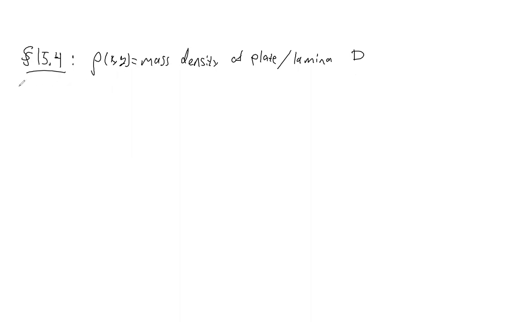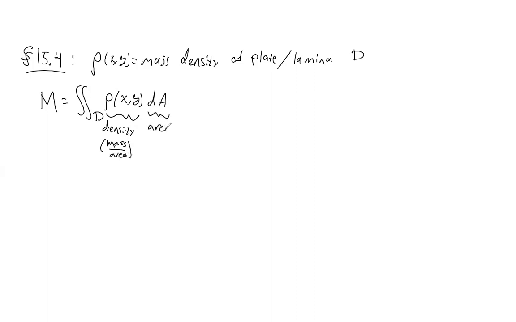Now, with that in mind, we can also say that the total mass is going to be the double integral over D of the density. And if you think about what density is, this makes a lot of sense, because this is the density, which is usually in terms of mass per area, times the tiny amount of area.